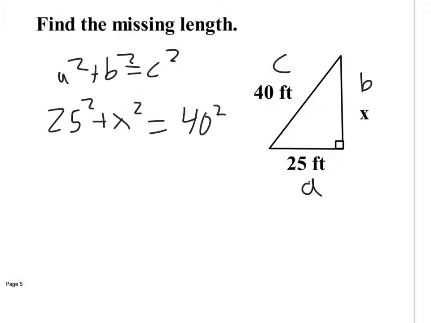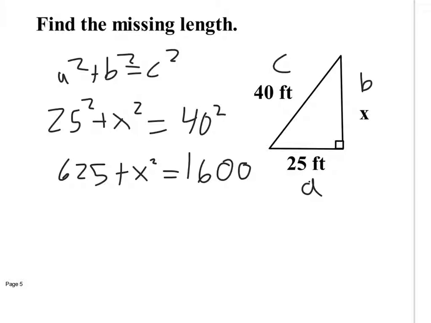What's 25 squared? 25 squared is 625. We add x squared. I don't know what x is. 40 squared. What is 40 squared? 1,600.